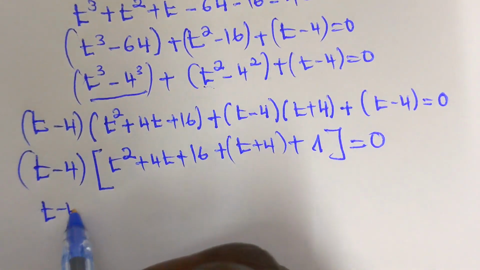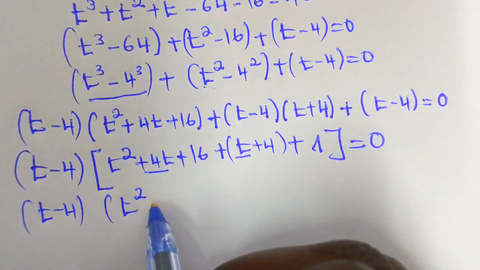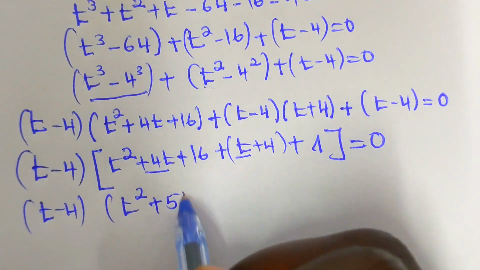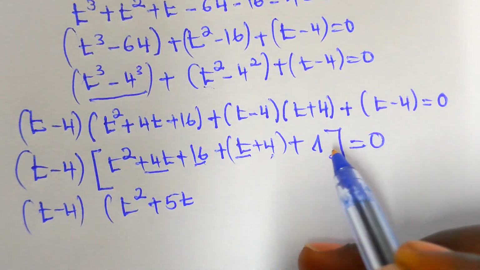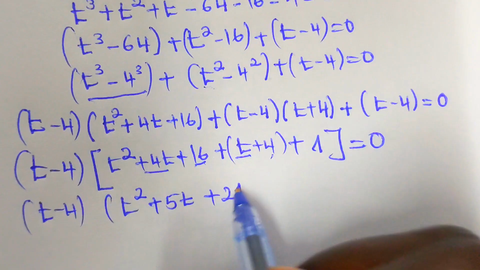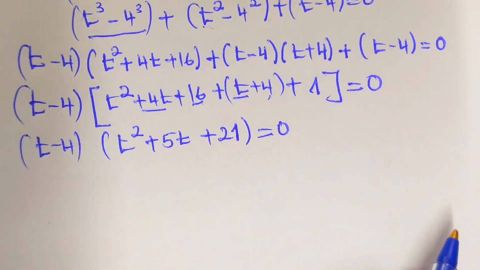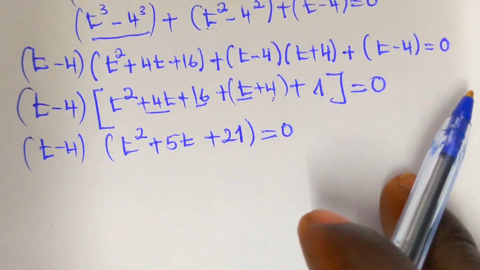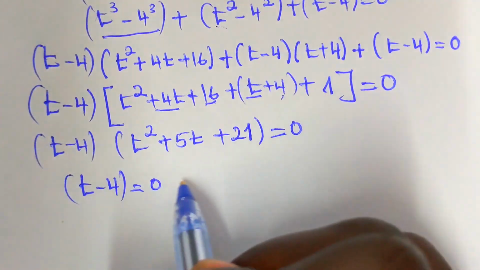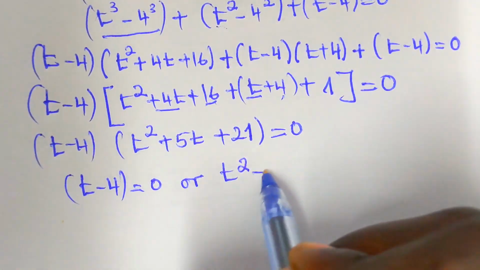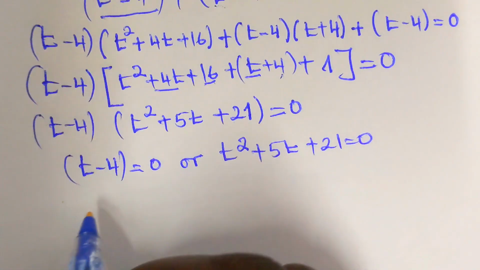Then t^2 we have, 4t and t will be 5t, and 16 plus 4 is 20, plus 1 is 21, equals 0. Each factor we equate to 0, to get t - 4 = 0 or t^2 + 5t + 21 = 0.